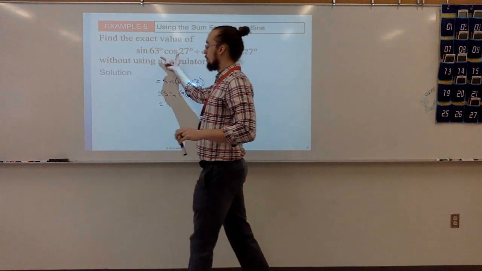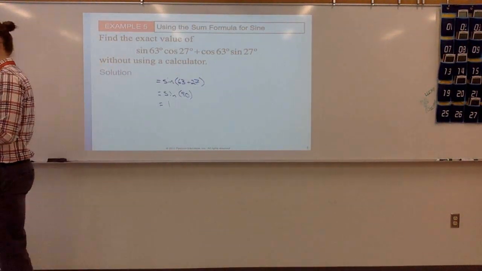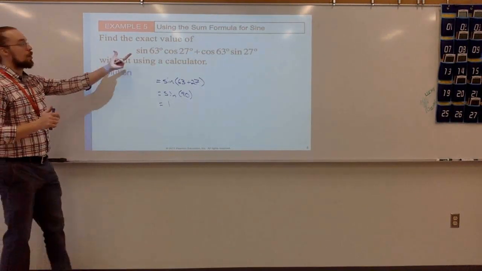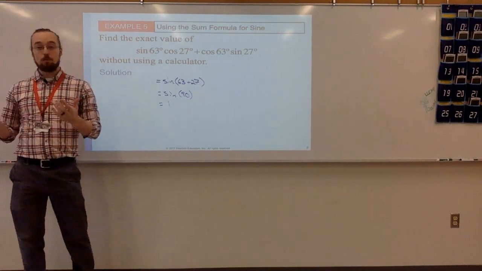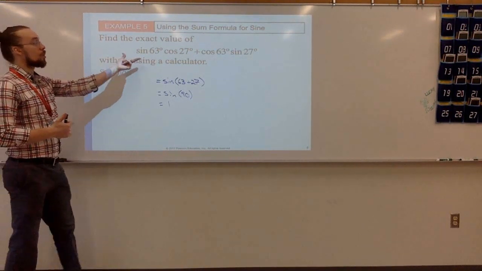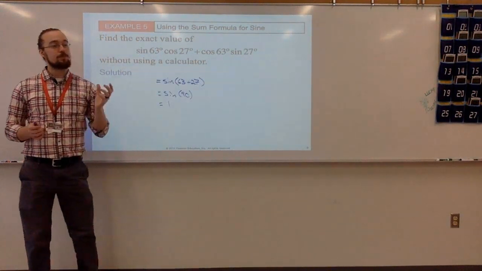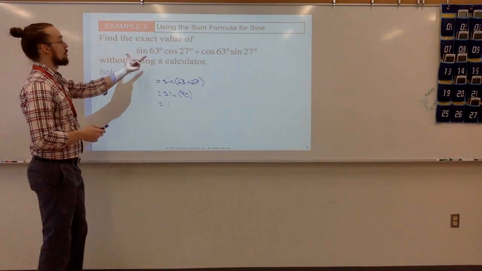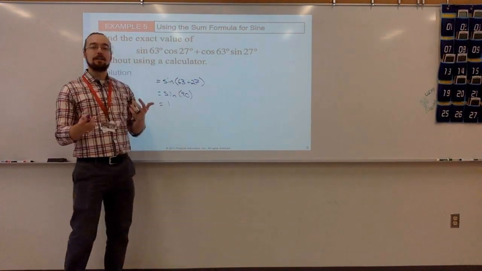Okay, so problems like this, where we are just going backwards, we just need to recognize which form of our sum or difference identity we need to use. In this case, we were using sine and adding the angles together.